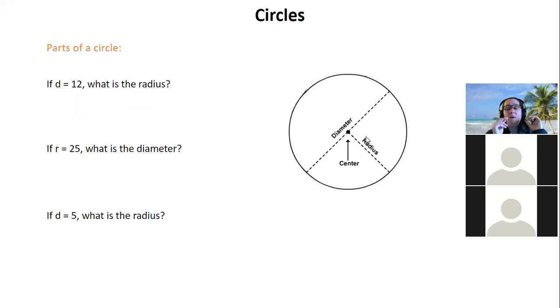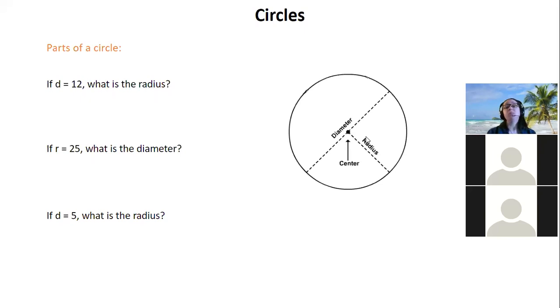Very good. Person who just messaged me, yes, that's correct. The radius is half and the diameter is whole.